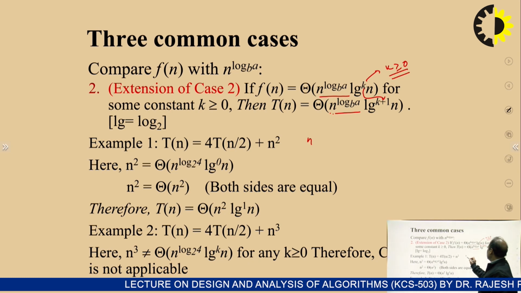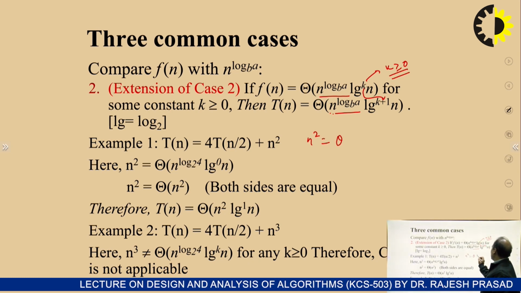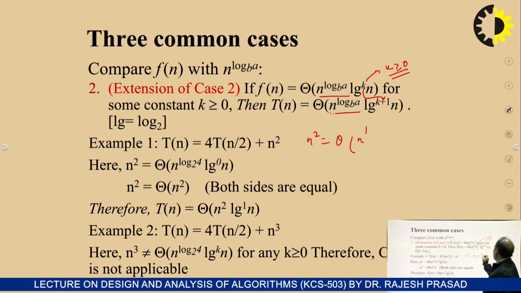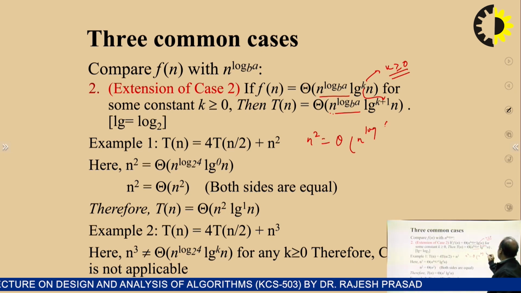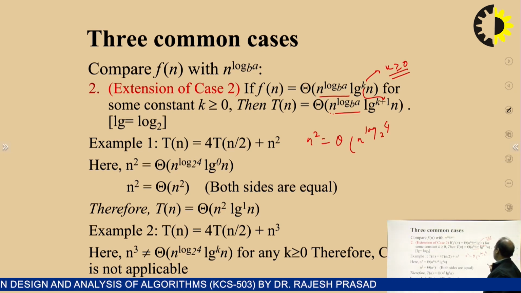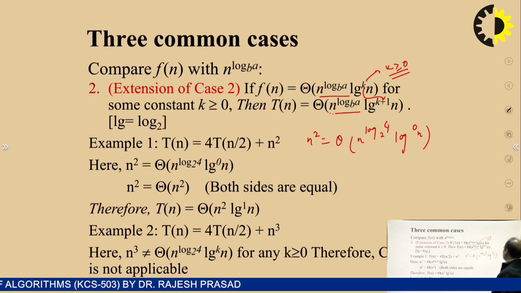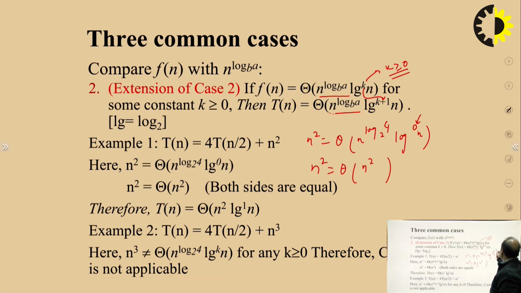So the same question, all the questions can be solved by this method also without any problem. Like here, see this, n square is theta n to the power log a, a is 4 and b is 2, right? So we can take log to the 0 of n without any problem. Here k is 0. Yes, this is equal. So n square equals theta n square. So what is k? k is 0 here. So the answer will be k plus 1, so the answer is the same.